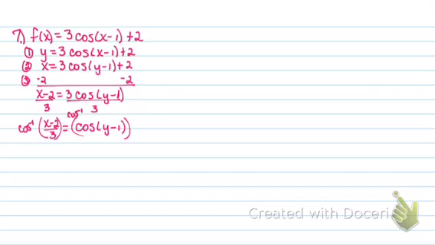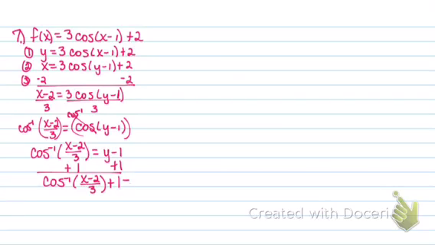So we're going to take the inverse cosine of the other side. So we have the inverse cosine of (x - 2) over 3 equals, your inverse cosine and cosine cancel, so we get y minus 1. Move the 1 to the other side. And so the inverse cosine of (x - 2) over 3 plus 1 equals y.